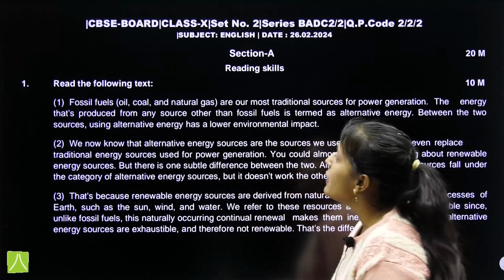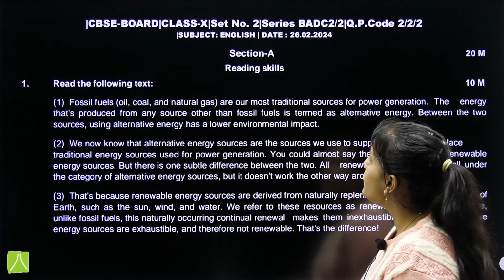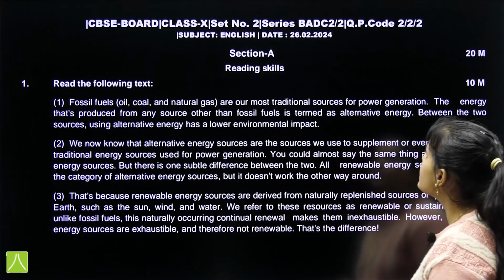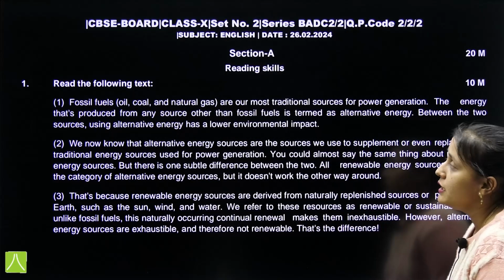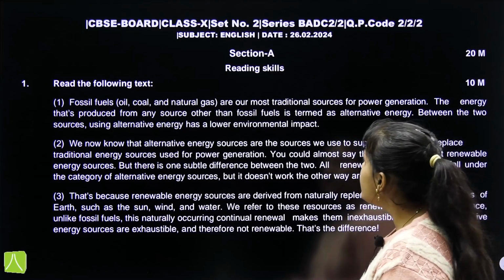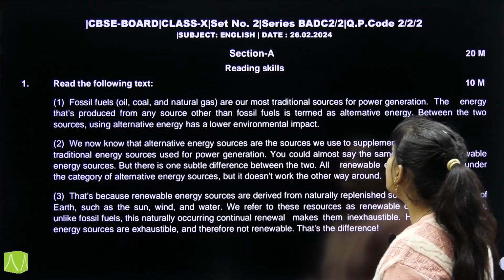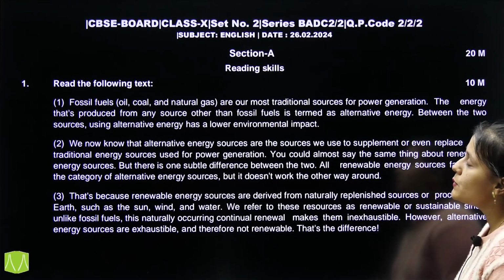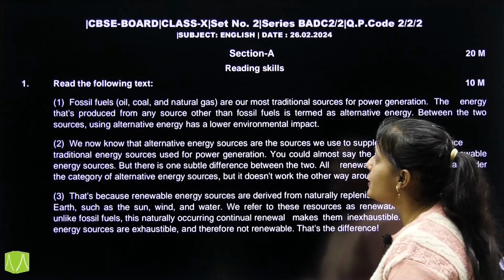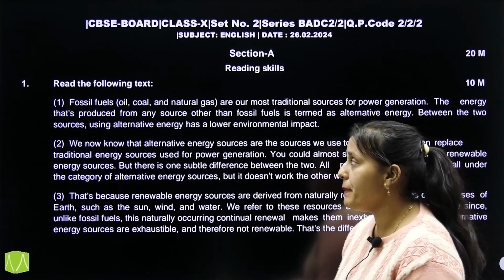First paragraph says, fossil fuels are our most traditional sources for power generation. The energy that's produced from any source other than fossil fuels is termed as alternative energy. Between the two sources, using alternative energy has a lower environmental impact.